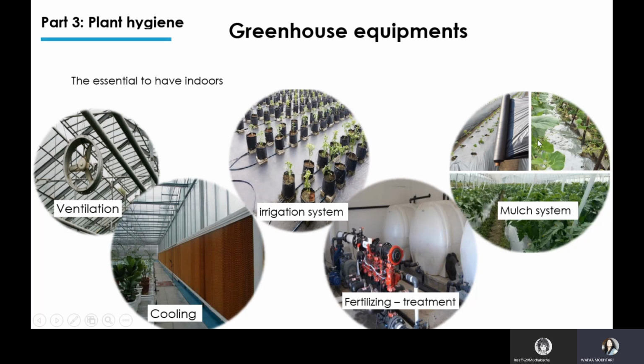Mulch system is one of the important equipment in the greenhouse, especially if you are doing more sophisticated greenhouses, only with substrate, sometimes also with hydroponic systems. Those systems are more often used these days.